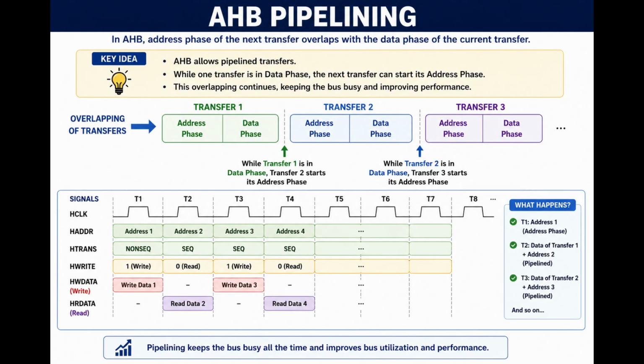For example, while transfer 1 is transferring its data, the address and the control information for transfer 2 can already be present on the bus. Then during the data phase of transfer 2, the address phase of transfer 3 can begin. This overlapping continues from one transfer to the next, keeping the bus busy and improving the overall performance. This is the basic idea behind AHB pipelining.